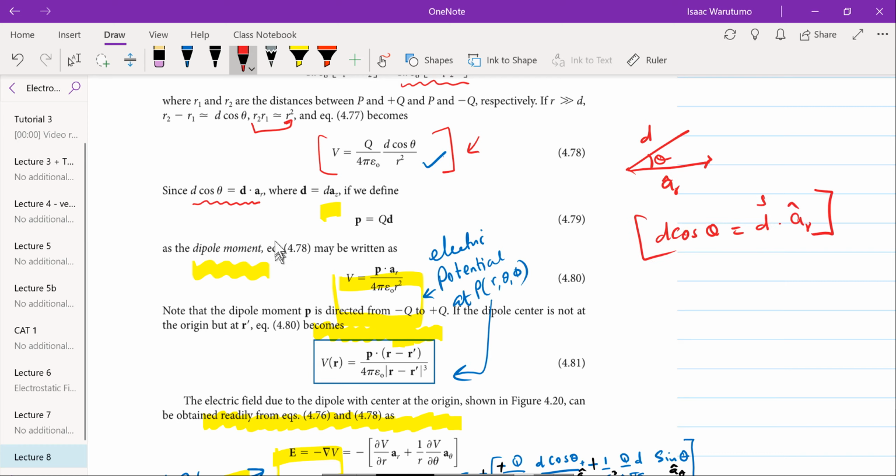We can express our D vector as a scalar and its unit vector. If you remember, D is considered to point in the direction of Z, and that is why we adopt this AZ, and we can come up with a new term from this equation. We adopt this QD and we call it a dipole moment.